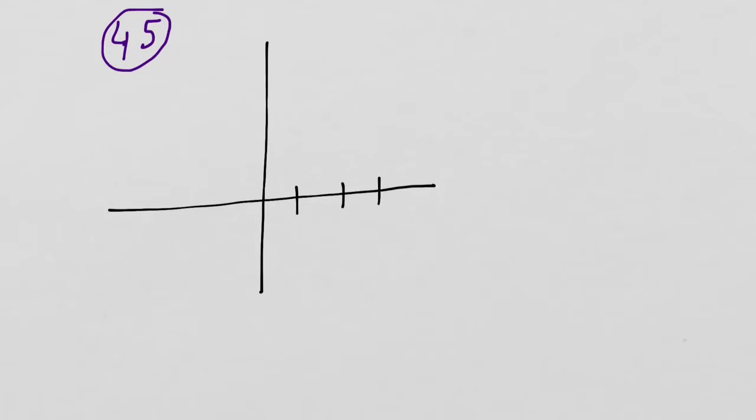On number 45, we have a Cartesian coordinate system. On one side of the x-axis we have 1, 2, 3, and on the other side 1, 2, 3, 4, 5. On the y-axis, we have 1, 2, 3, 4, 5 up, and down we have 1, 2, 3.